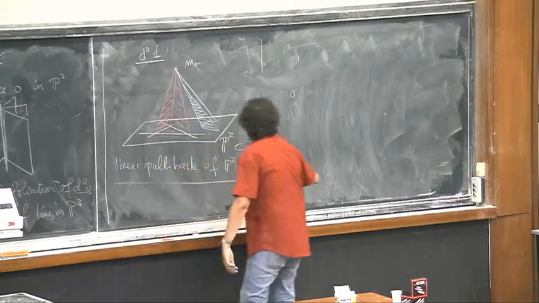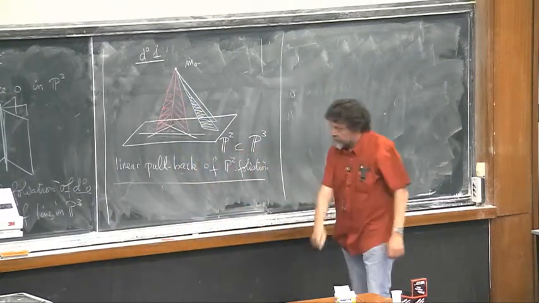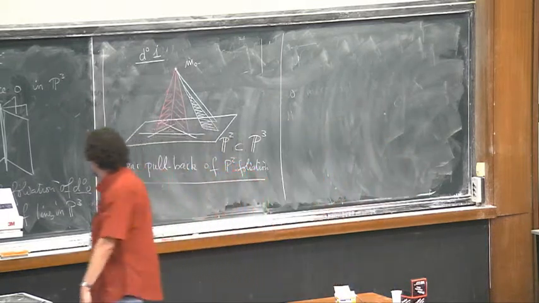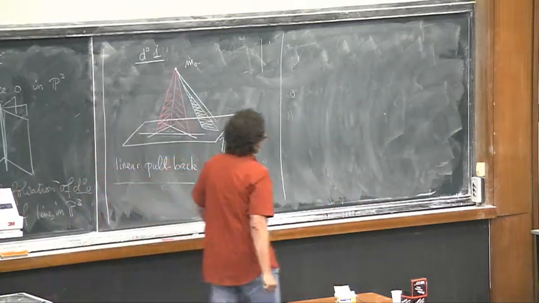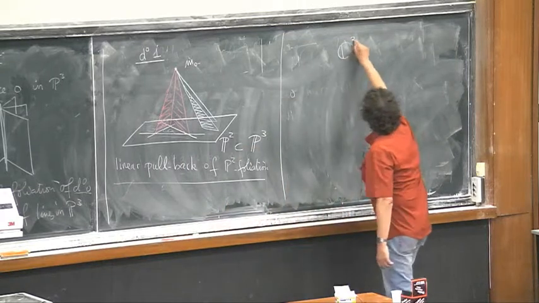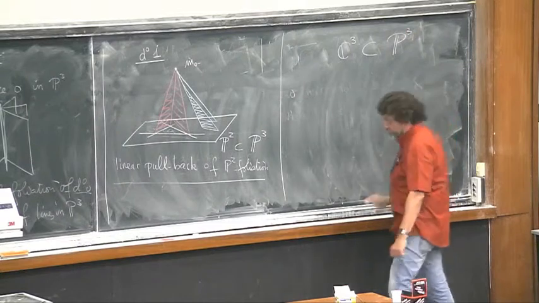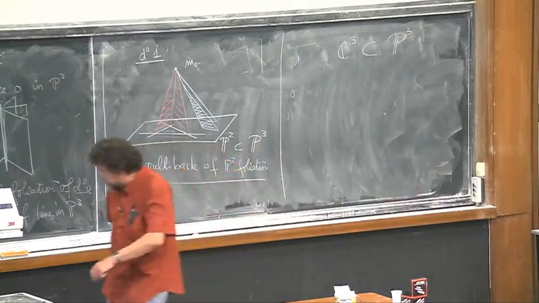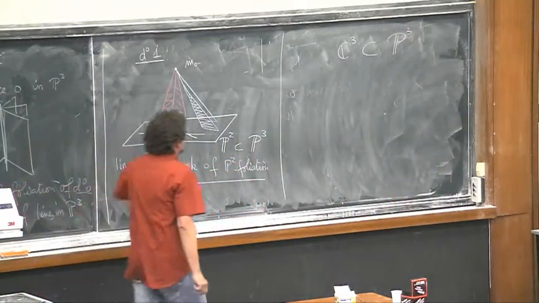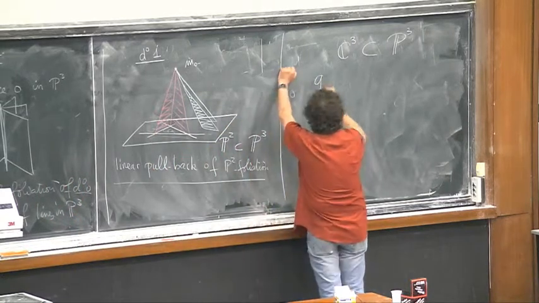Now I give you another type of foliation which is not a pullback. I take in C3, which is a chart of P3, a quadratic form. For example, this form.